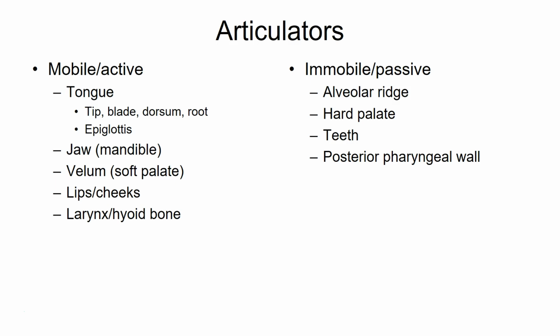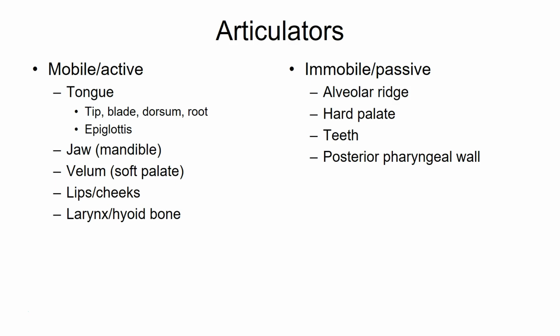So among our active articulators we have the tongue, which has several different parts to it: the tip, the blade, the dorsum or tongue body, and the tongue root at the base of the tongue. And also the epiglottis is at the base of the tongue. We have the jaw, also known as the mandible. We have the velum, also known as the soft palate. We have the lips and their connection to the cheeks that act as an articulator in some cases.